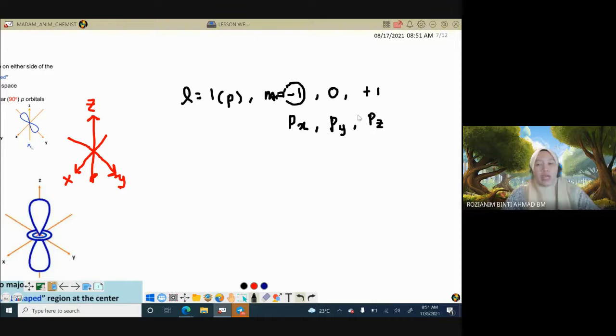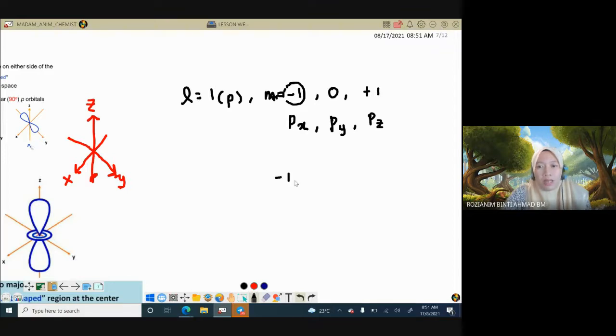But according to definition of the orbital, dia kata orbital is the 3D region in space around the nucleus which is high probability to find the electron. Ada perkataan probability. So means that the negative value is not compulsory belong to the PX.